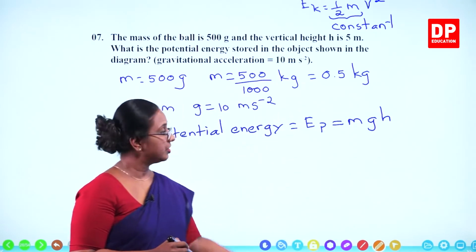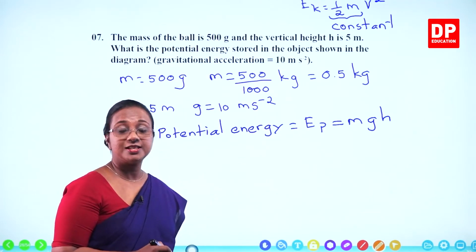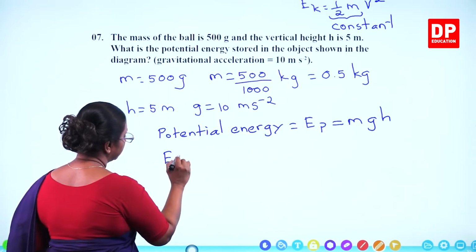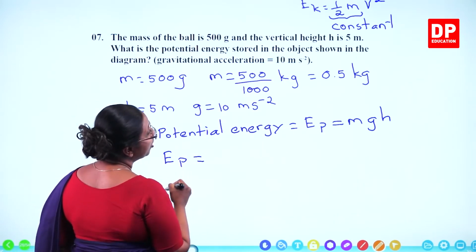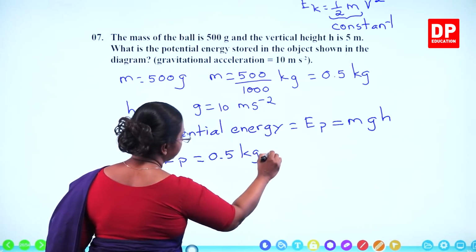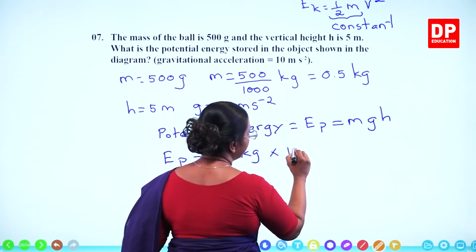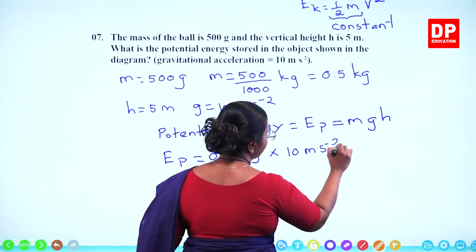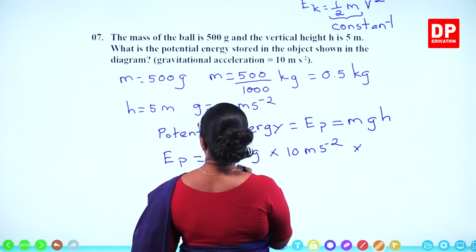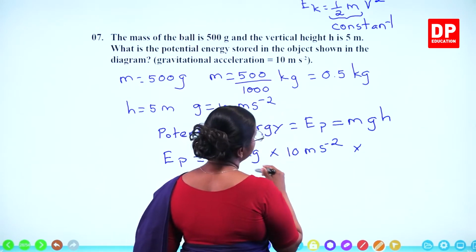That is the equation. Mass into gravitational acceleration into height. So if we do the calculation, E potential, we have already converted the mass to kilogram, 0.5 kilogram into 10 meters per second squared gravitational acceleration, and height is given to us as 5 meters.